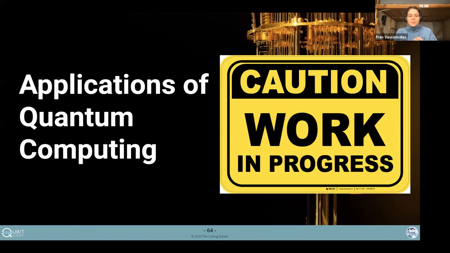So applications of quantum computing is something that people are thinking a lot about and really excited about, but we don't have a lot of demonstrations of these applications. It's something we're currently working towards.